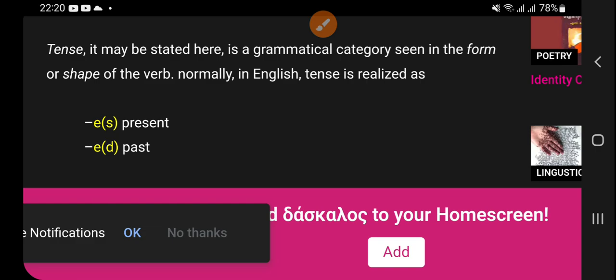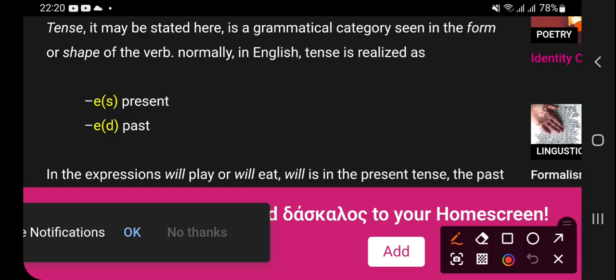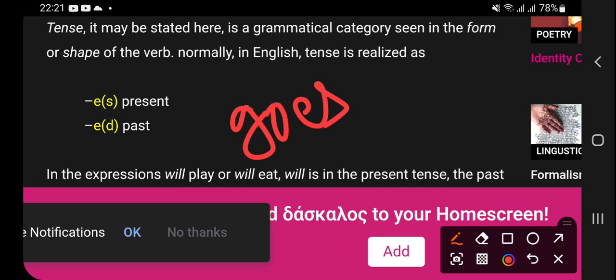It may be stated here that tense is a grammatical category seen in the form or shape of the verb. Normally in English, that is present, like goes, like plays.